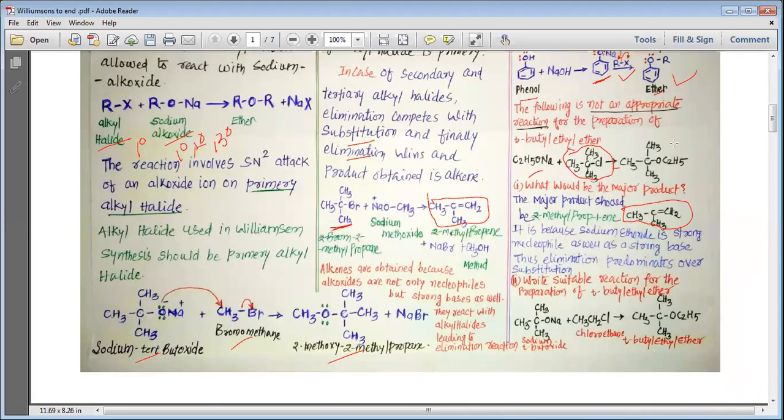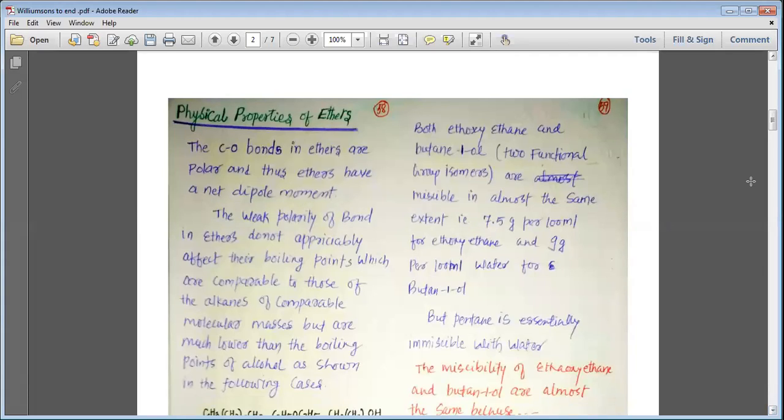But if we want to get the same product, we shall have to take the sodium tertiary butoxide and chloroethane, so that we can get the butyl ethyl ether, as it was shown here. It's a tertiary butyl ethyl ether that we get, my dear students.